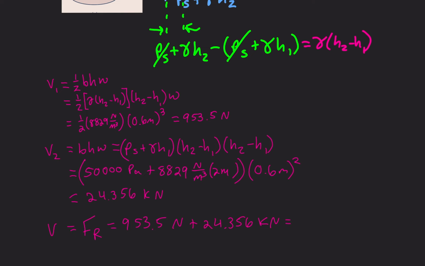And that's going to be equal to 25.31 kilonewtons. All right, that is our resultant force. Let me box that in to show my final answer for this part of the question.